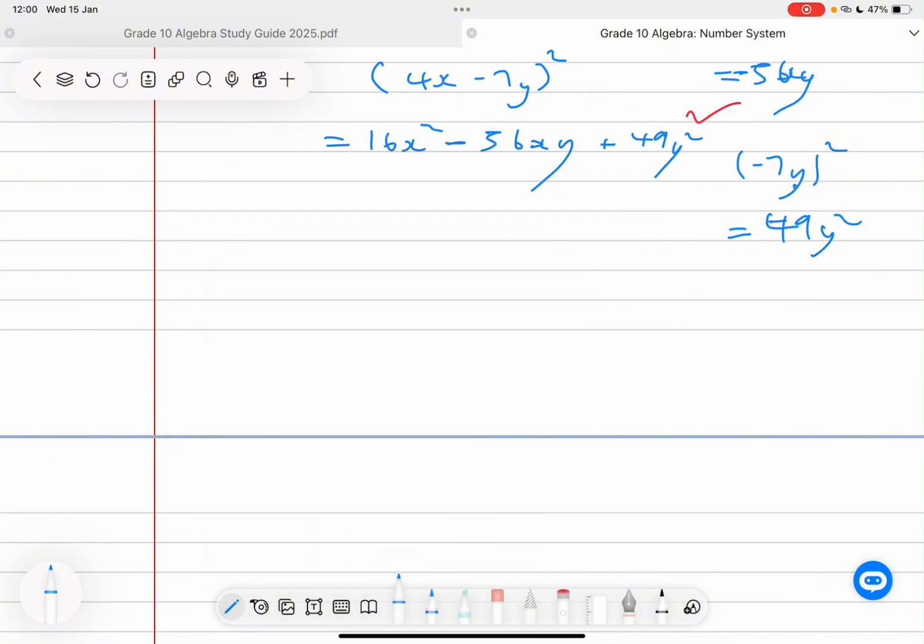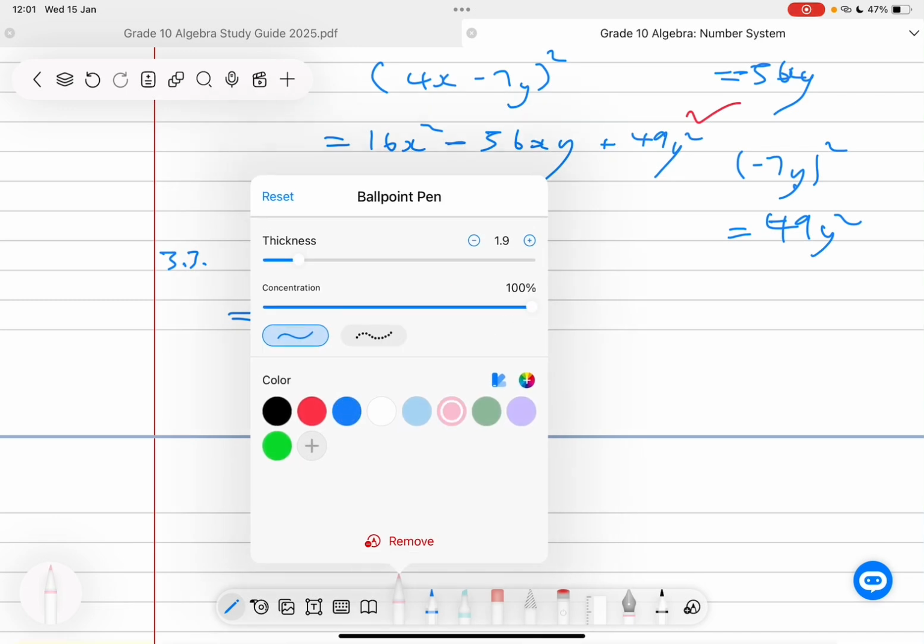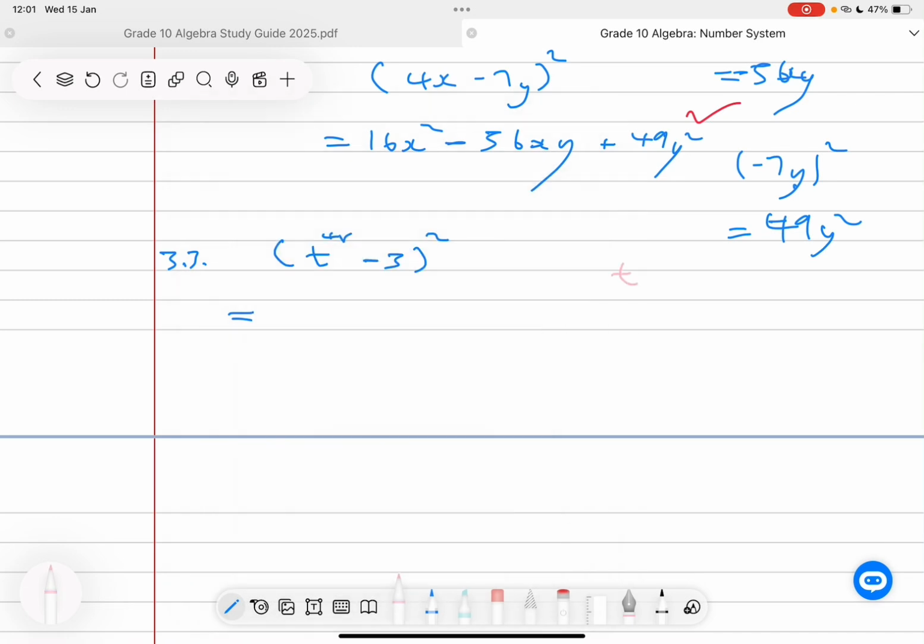We are given here t to the power 4r minus 3 to the power 2. Now again, the first thing that we do here is that we take the t to the power 4r and we square it, right?